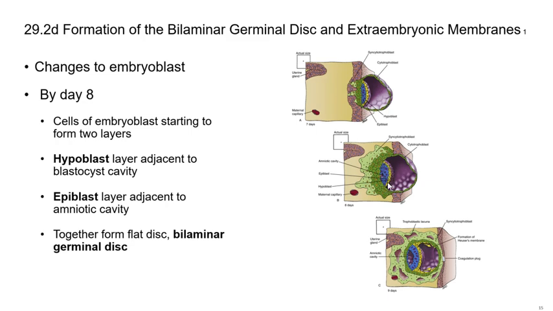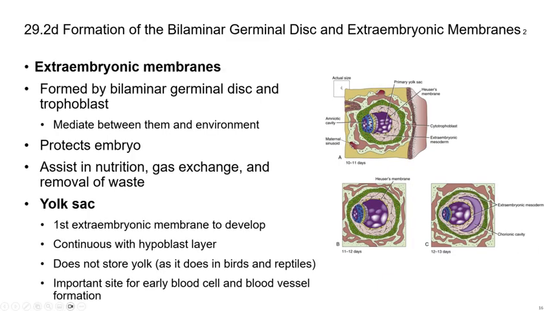These are the hypoblast. They are going to begin proliferating and line the inside of this blastocele, the blastocyst cavity. When that happens, that inner space is going to be called the yolk sac.